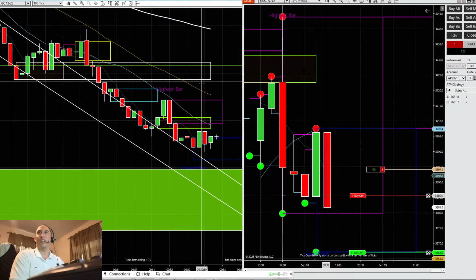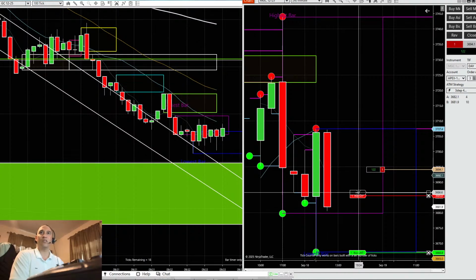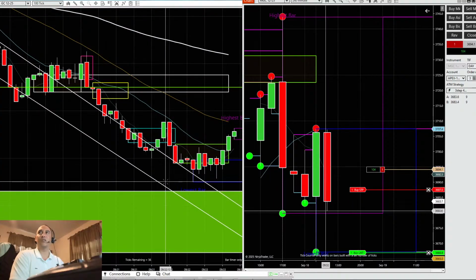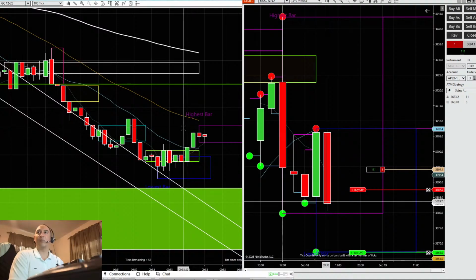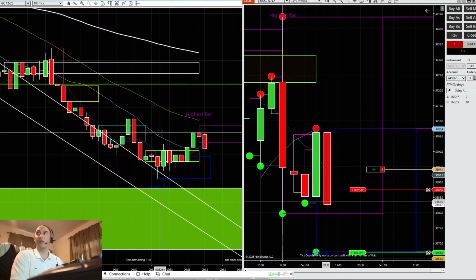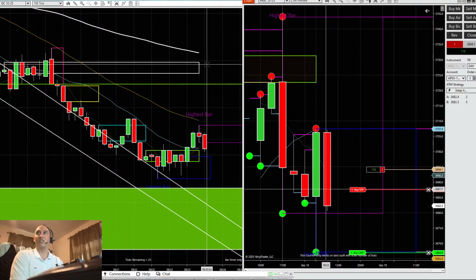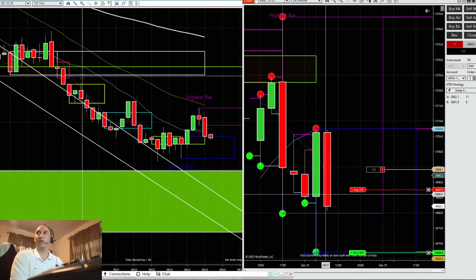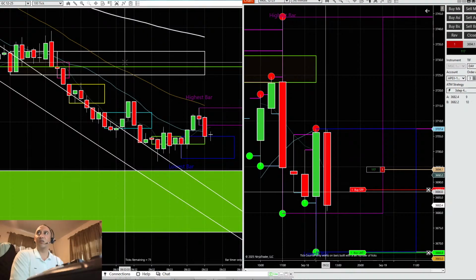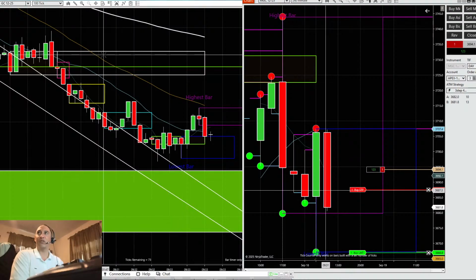White box just moved down, so this might be your dynamic resistance here, which is pretty much exactly where my stop is. So let's move up just a touch to get that box in between us and it. This is your main resistance right here, and that's also at the high of your last move up. It's starting to get more pressure as it comes down.